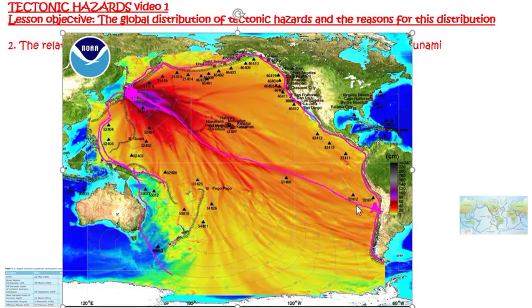Alright? So, tsunami risk is highest where coastlines are adjacent to or facing submarine earthquakes, landslides, or volcanoes. Okie dokie.